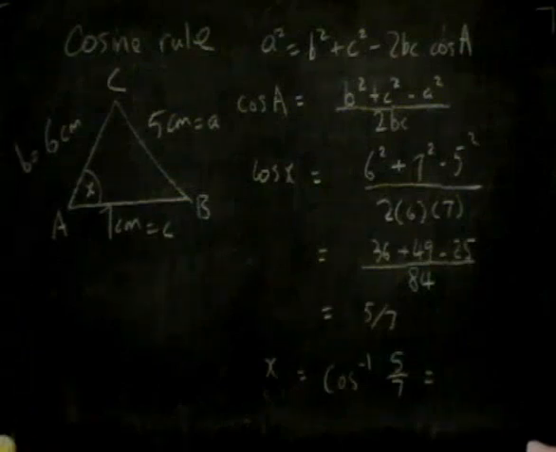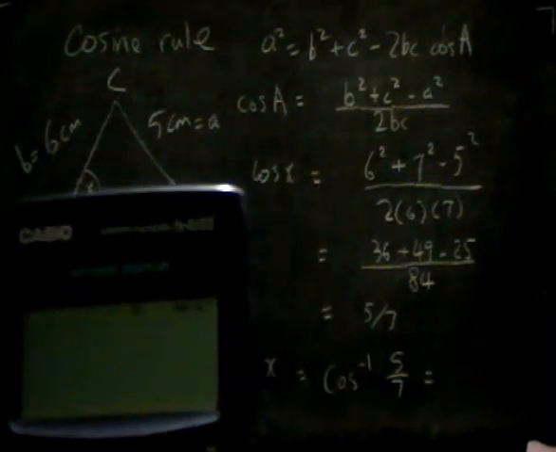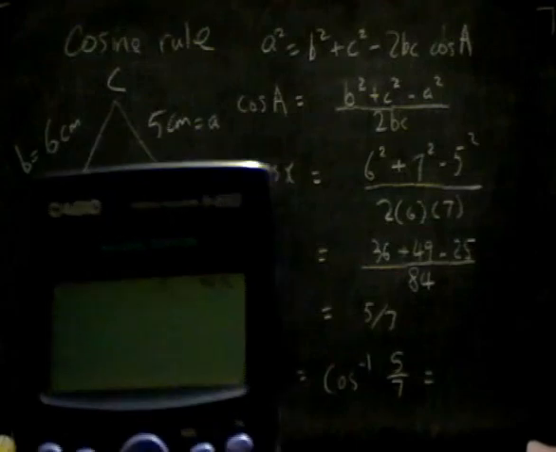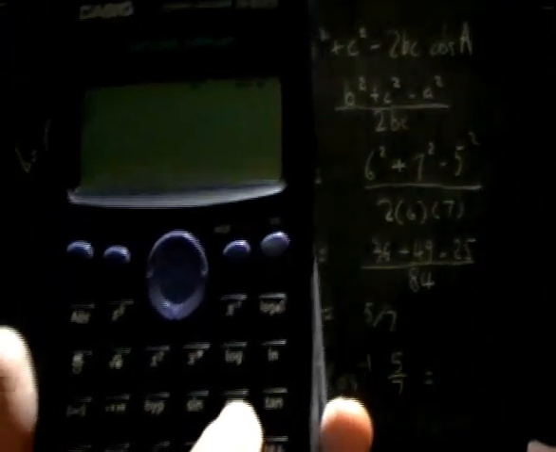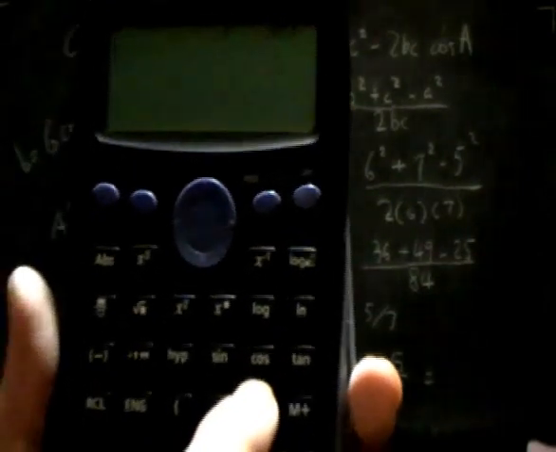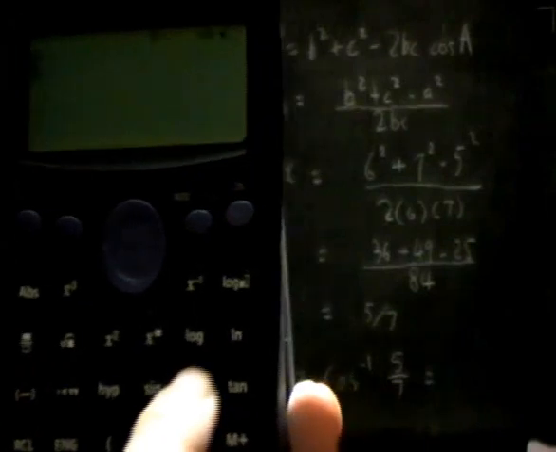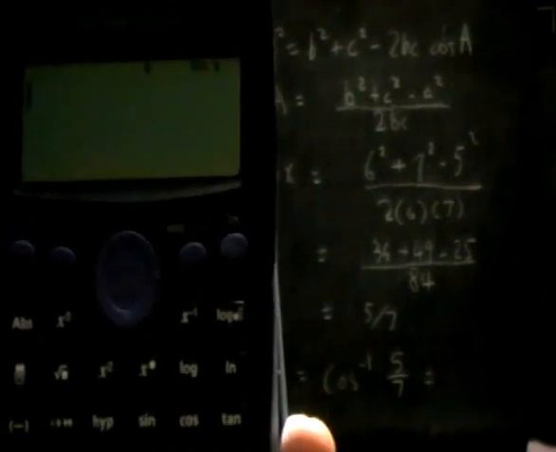So 5 over 7 there. Let's try that. So the inverse cosine is shown by this little, if you look at the cosine button, just above the cosine button, you'll see some tiny letters that say COS with a minus 1 next to it. That's the inverse cosine.